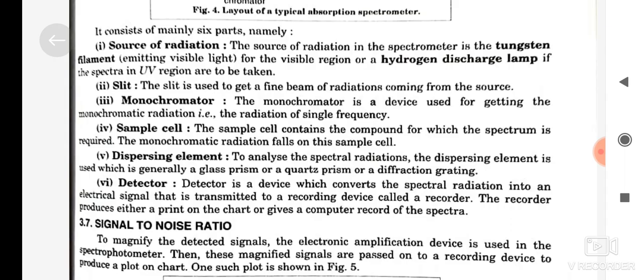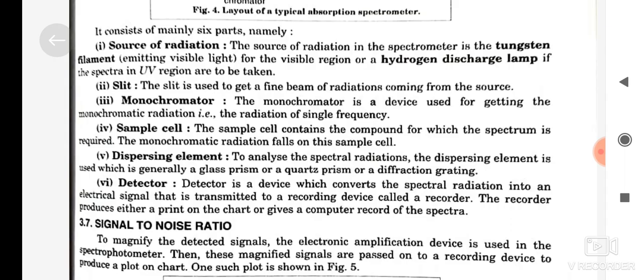Second, slit. The slit is used to get a fine beam of radiation coming from the source. Third, monochromator. The monochromator is a device used for getting monochromatic radiation, that is, radiation of a single frequency.